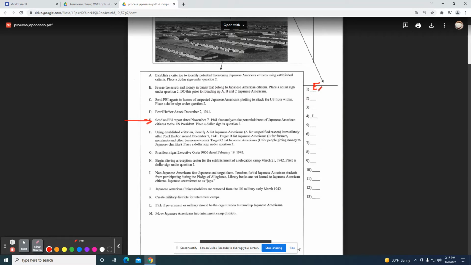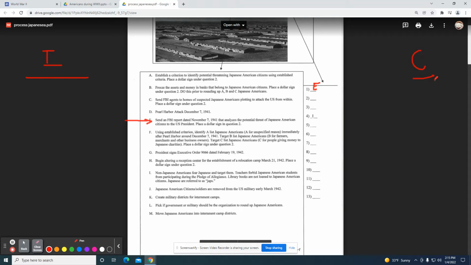So the reason why this one is important is because if you go back to when we did this for the Jewish citizens in Germany, we talked about the intentionalist and the cumulative debate. This one is actually going to be even more of a heated debate because we don't have a genocide of the Japanese American citizens during World War II.